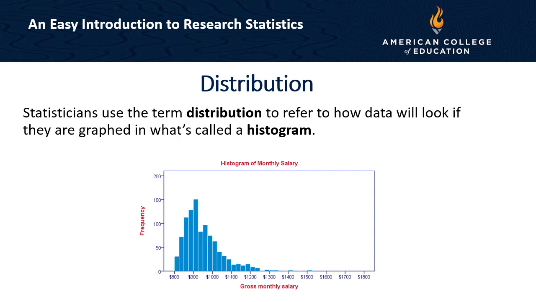Looks like most of the group is making just over $900 a month, and that looks like about 155, 160. If you look at this histogram, we can look at the height of each bar to see how many people are making a particular salary per month. This is called a distribution.